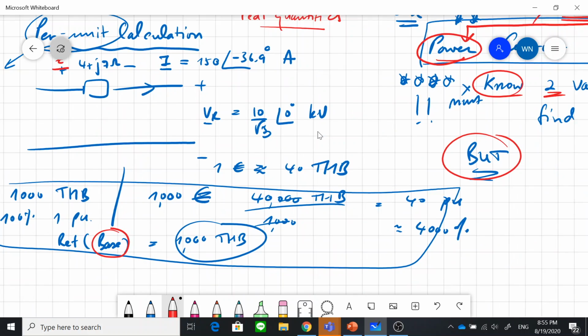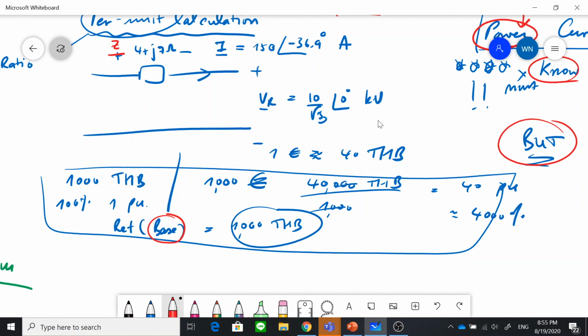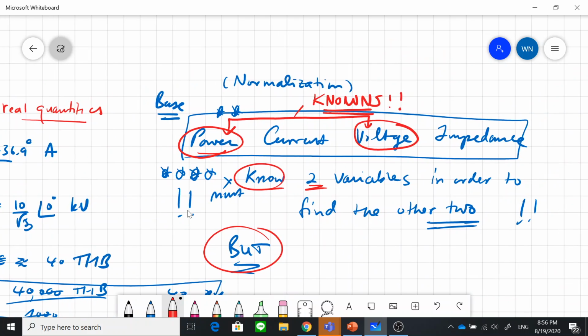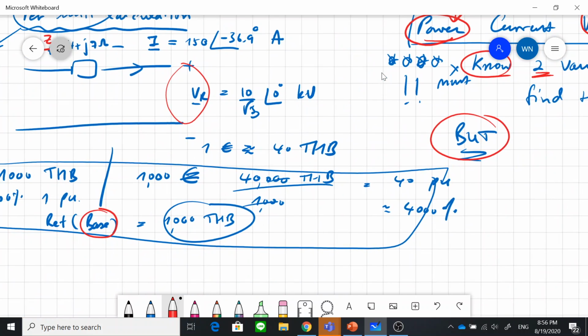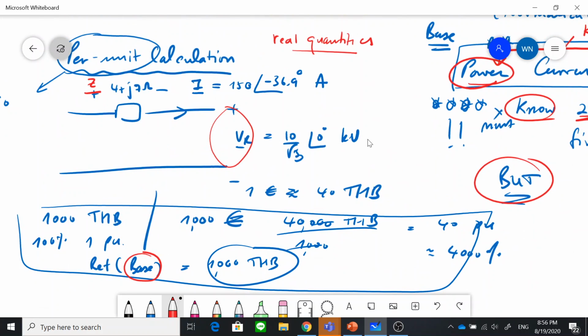In this case, as you see, the voltage at the receiving end is 10 divided by root 3. If I say that this is 100% of the capacity of this load, because the receiving end is connected to the load, then, because you know the requirement we already discussed, that we need to know voltage and power, in this circuit I don't have any other voltage level.